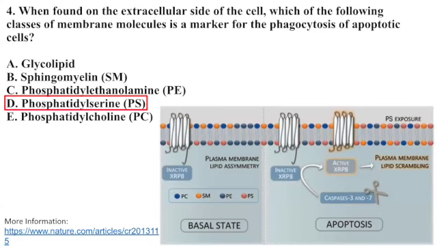But this is super different from a typical phospholipid, which can freely flip between the two faces of the membrane. And so when a cell undergoes apoptosis, the phosphatidylserine is no longer restricted to the cytosolic domain, but instead flips to the outside of the plasma membrane, the extracellular side. So there they serve as a signal for macrophages to engulf cells undergoing apoptosis.